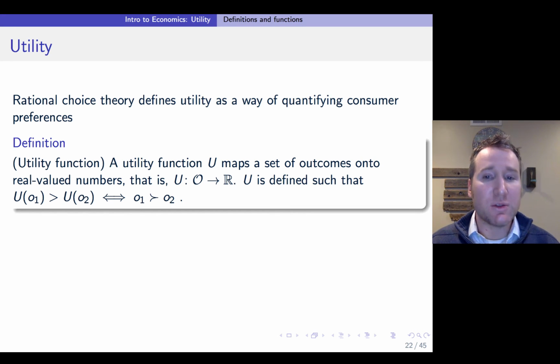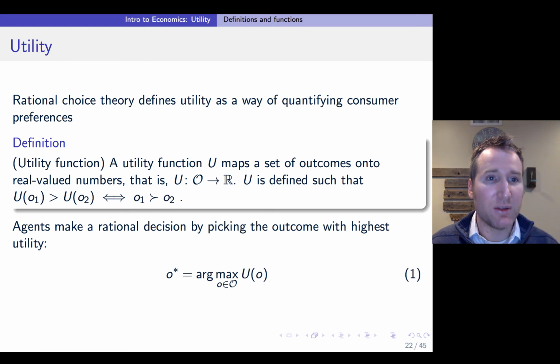And U is defined so that the utility of outcome 1 is greater than the utility of outcome 2. That's equivalent to saying outcome 1 is preferred to outcome 2. So you have to have some way of consistently mapping your preferences onto these numbers so that the inequalities from the numbers hold in the same way that your preferences do.